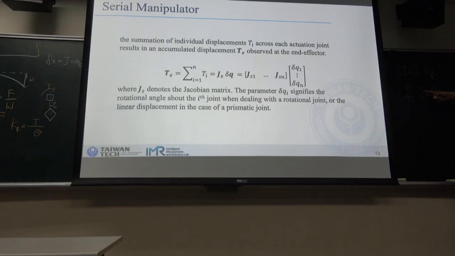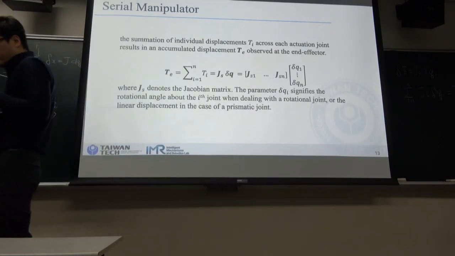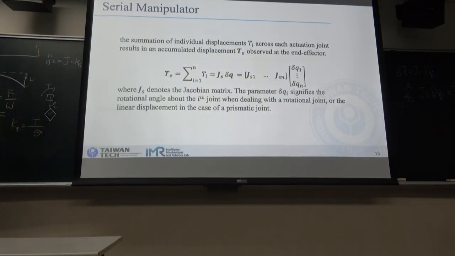If we add all the joint displacements together, this is our total deformation of the end effector. So this is how the formula is formulated.